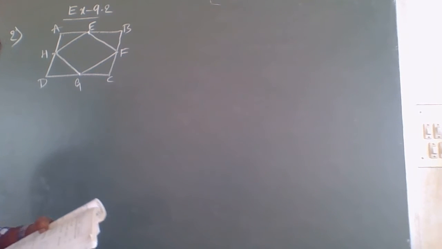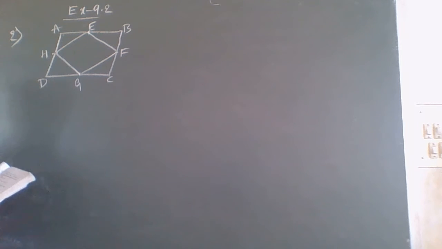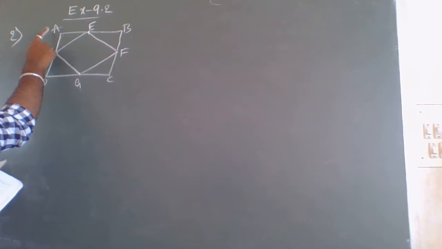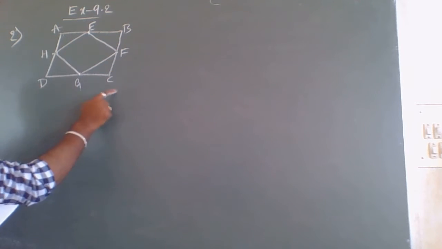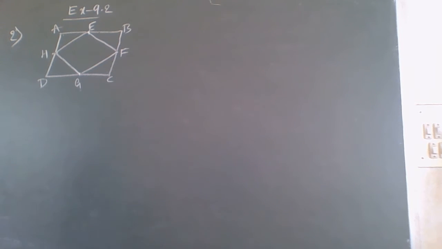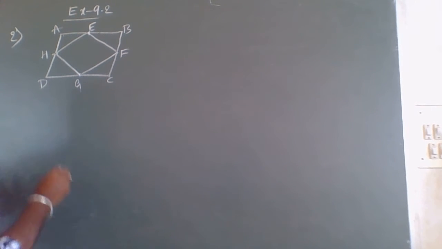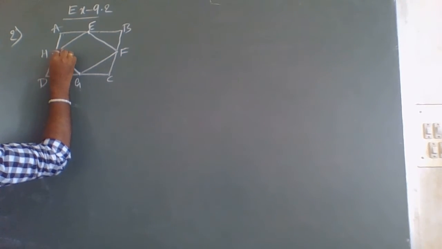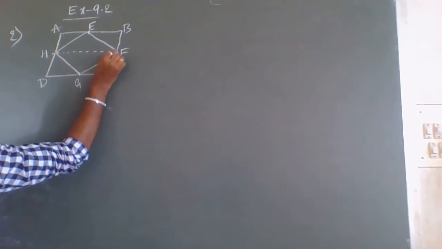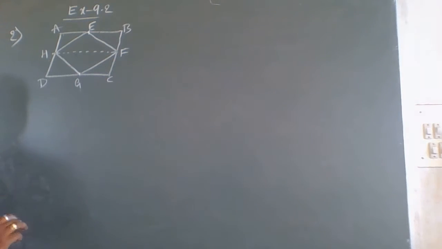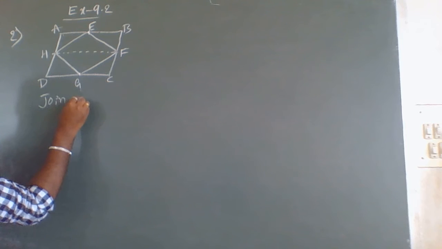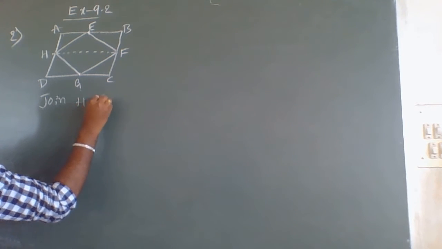And we have to show that the area of EFGH is equal to half of the area of ABCD. Okay, so now first what we will do, we will join H and F.